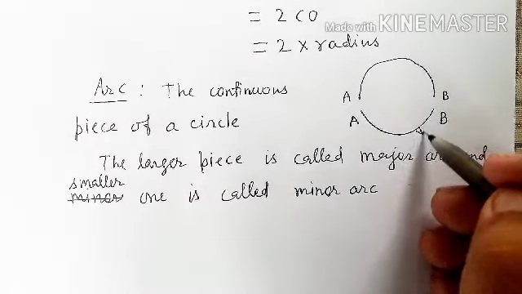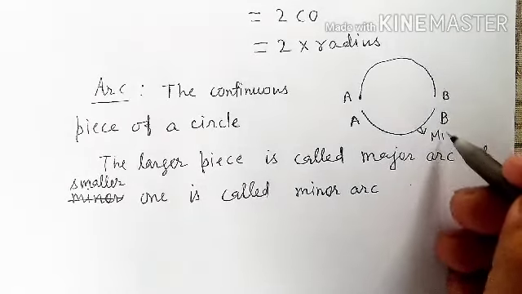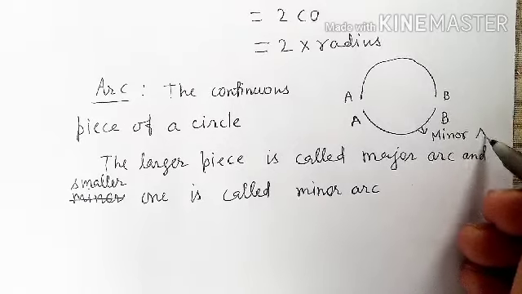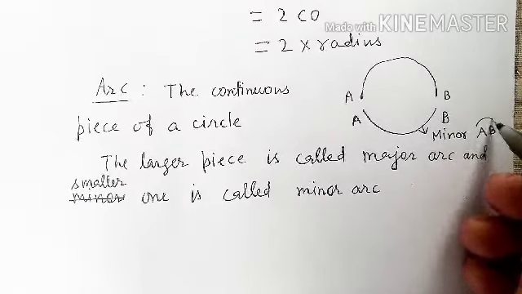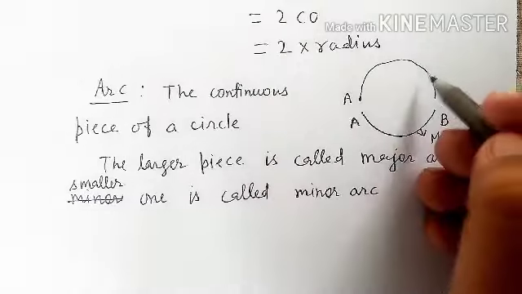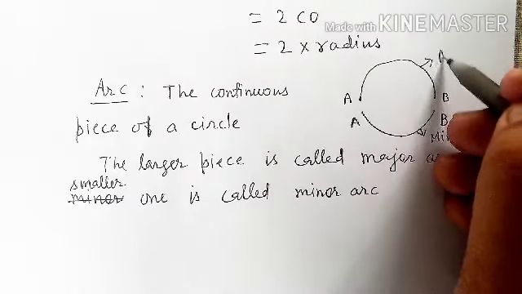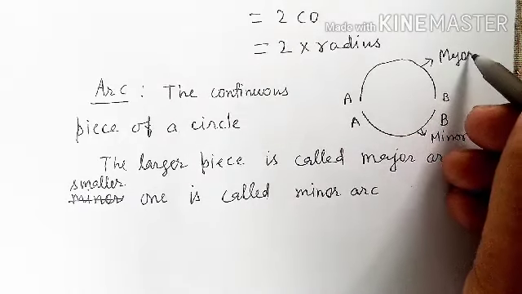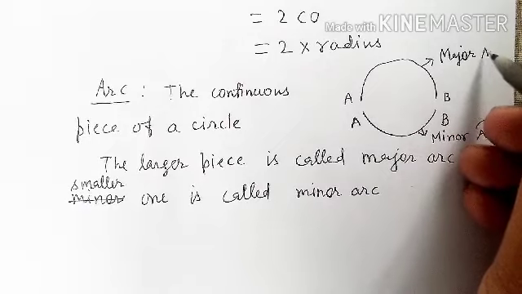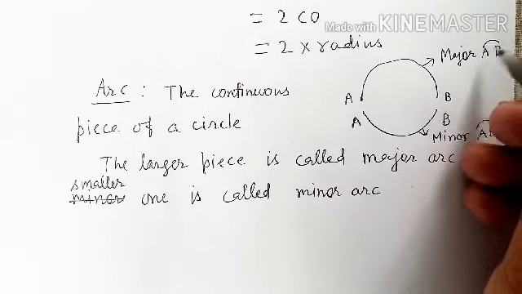This is minor arc, it is named as minor arc AB. This is the symbol for arc AB. This is major, so we can write it as major arc AB. This is the symbol of arc.